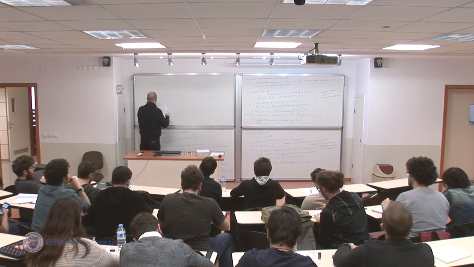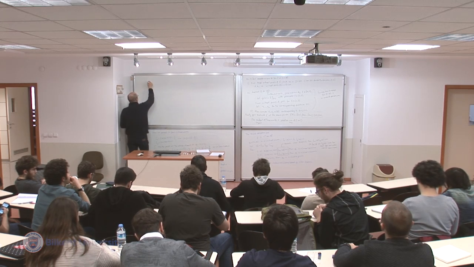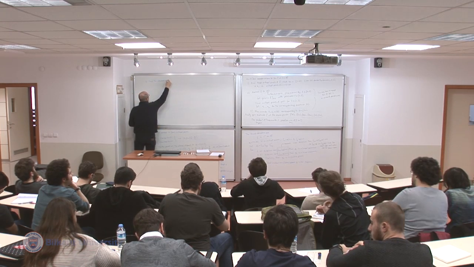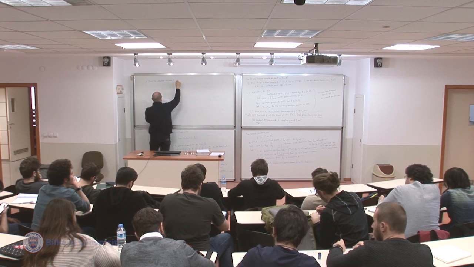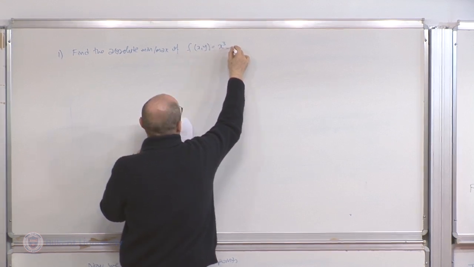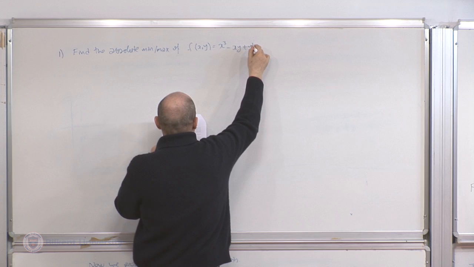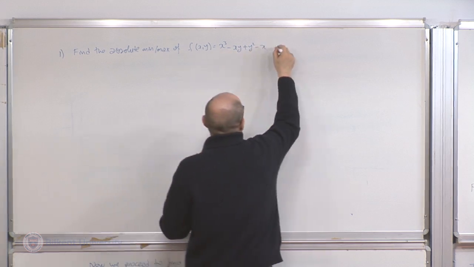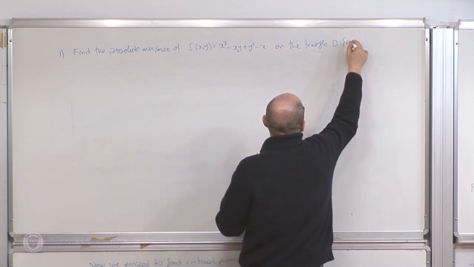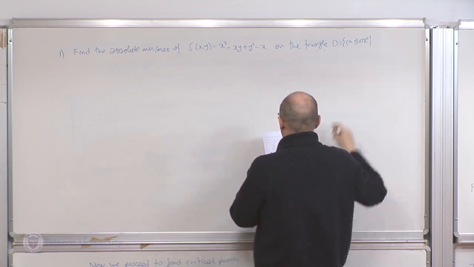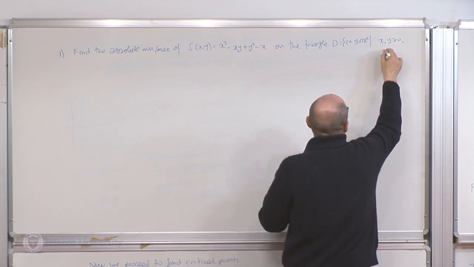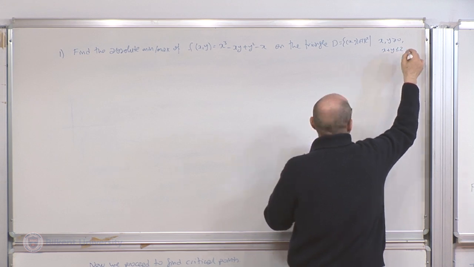Okay, now the first problem here: find the absolute min and max of f(x, y) = x cubed minus xy plus y squared minus x on the triangle D, which is the set of (x, y) in R2 such that x and y are positive and they add up to something not larger than 2.